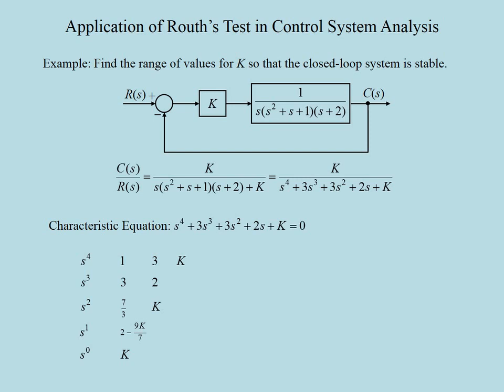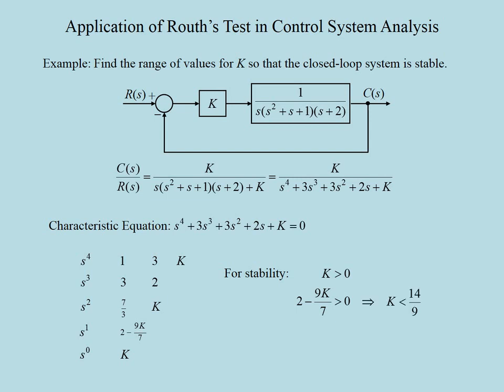Since the first three elements in the leftmost column are positive, the last two elements are required also to be positive for stability. That means k should be greater than 0, and (2 minus 9k) over 7 should be greater than 0.